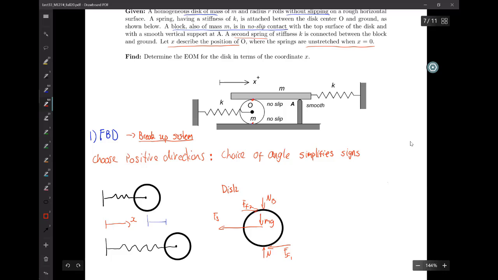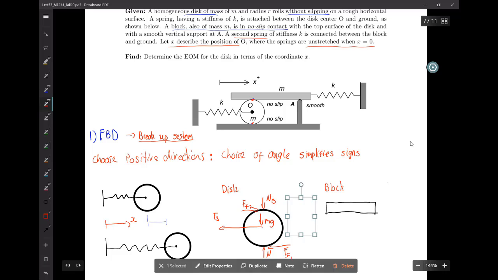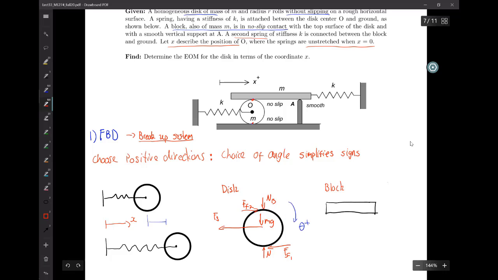Now let's do the block. What do I have here? Let me talk about this in a second. So the block is going to have the spring. If I said that I was displacing the disk to the right, what is the block doing? It's compressing the spring somehow.